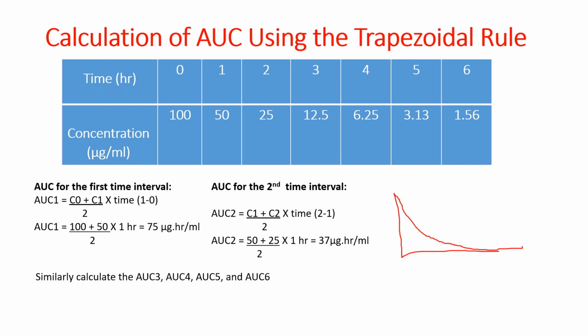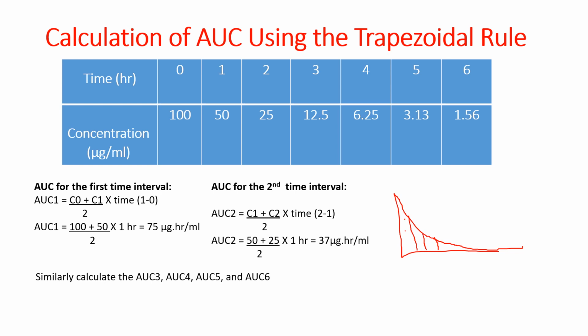We will divide it into 6 different trapezoids: 1, 2, and so on up to the 6th trapezoid. In order to calculate the AUC of this first trapezoid, we have the geometric formula.